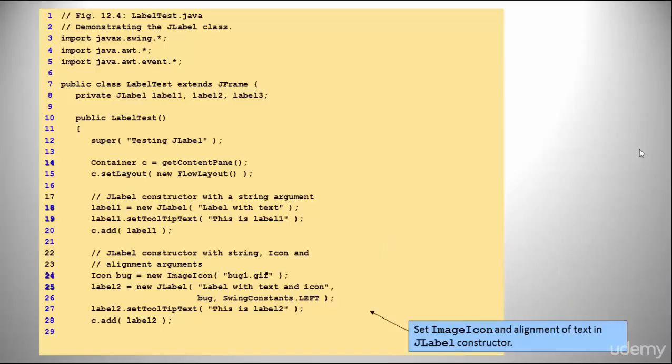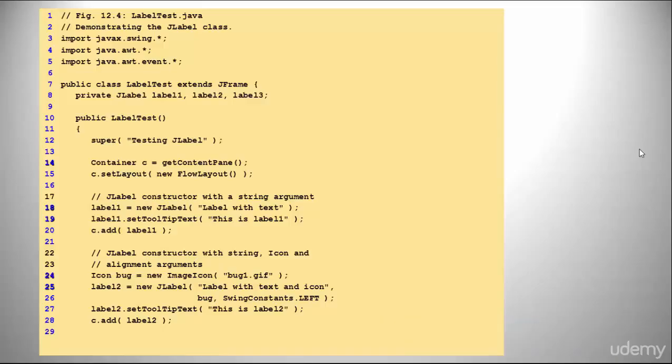And we set the image icon and alignment of the text in the JLabel constructor. Again, feel free to practice this code if you want to.